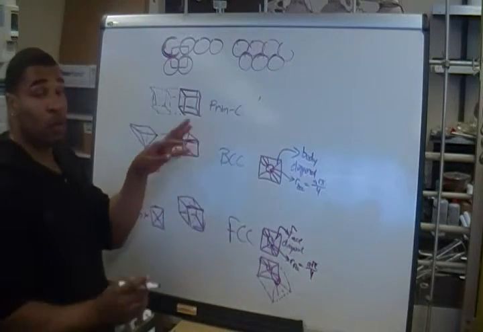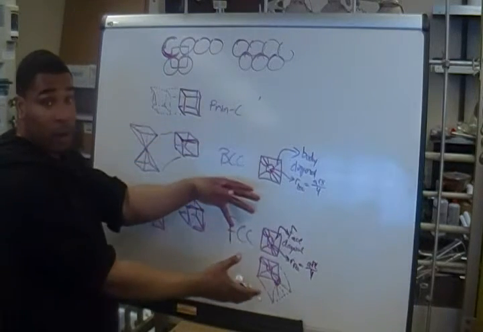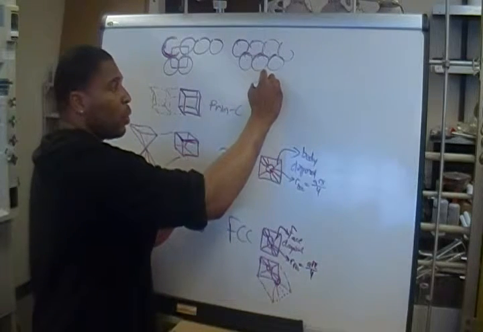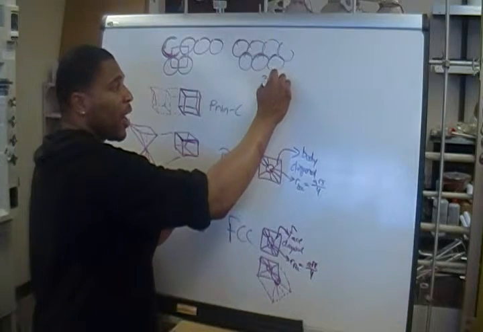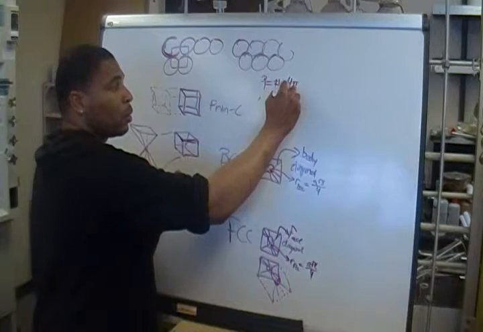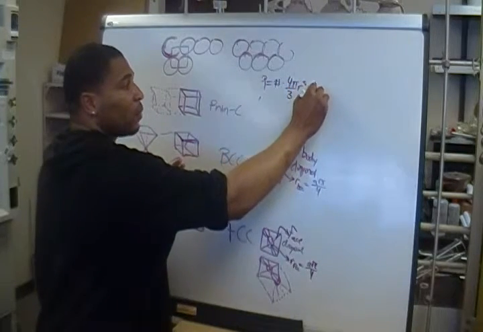All right. So now you want to calculate your packing ratio, and you usually start off here. Get your radius, and the packing ratio formula is the number of atoms times the volume of your sphere times 1 over a cubed.